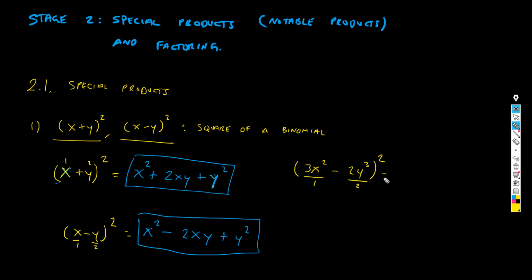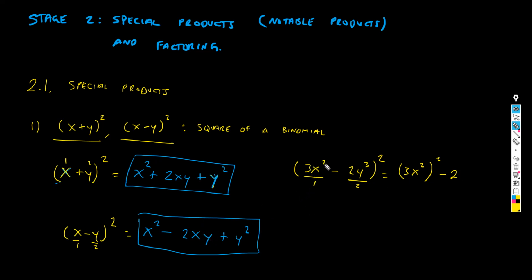And I'm just going to follow the rule as I can see it here. So this is going to be equal to the first number to the square. Can you see? All of this is my first number. Minus twice or double the product of the first number times the second number.